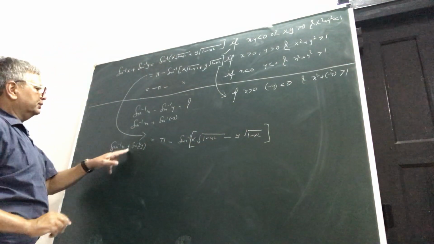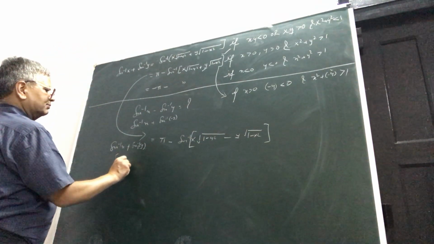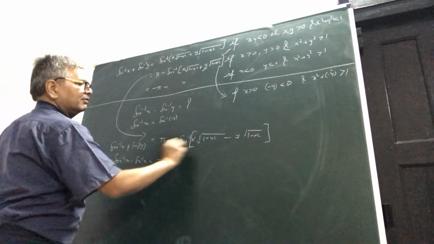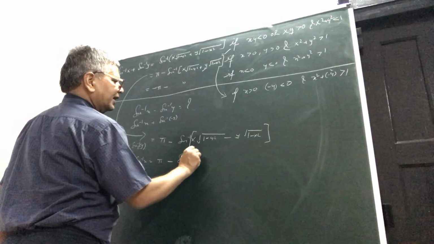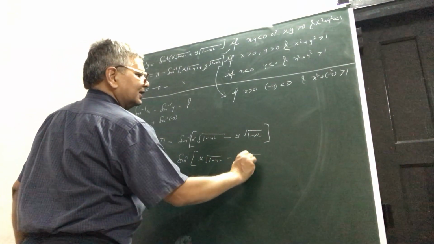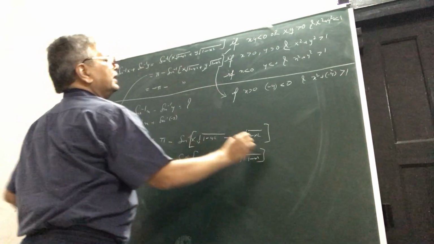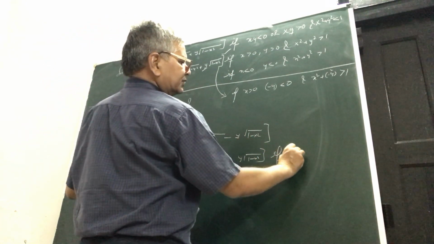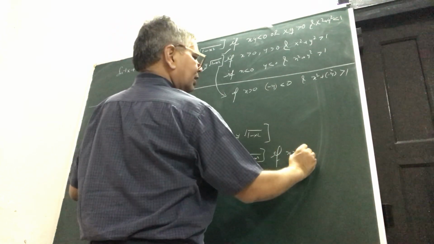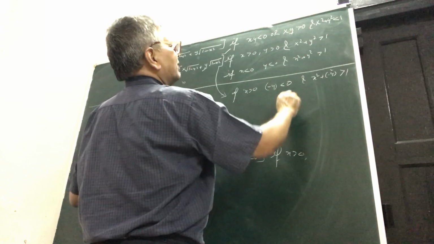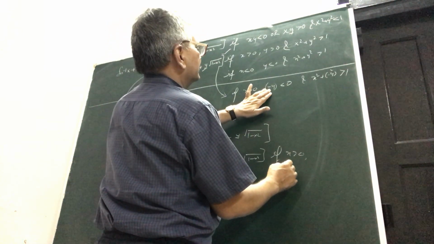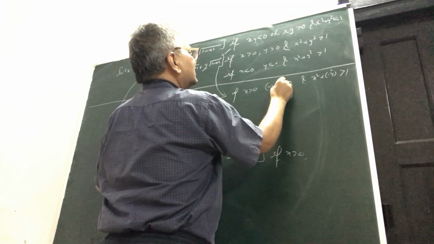So this is the thing you have to take into consideration. And then this will become sine inverse x minus sine inverse y equals pi minus sine inverse, and you write the whole thing like x under root 1 minus y square and minus y under root 1 minus x square. And what will be the condition? If x is positive, minus y is less than 0... no, minus y will be greater than 0.